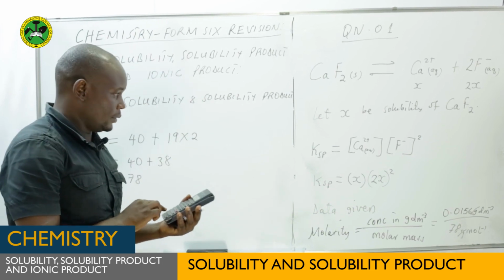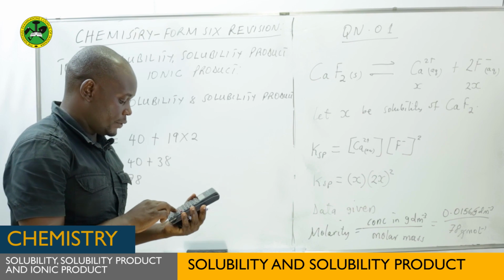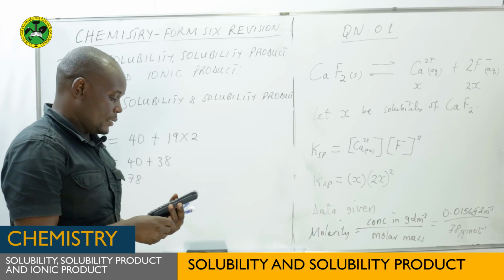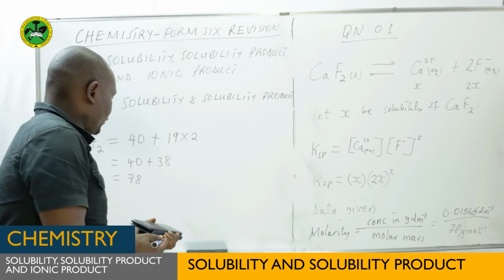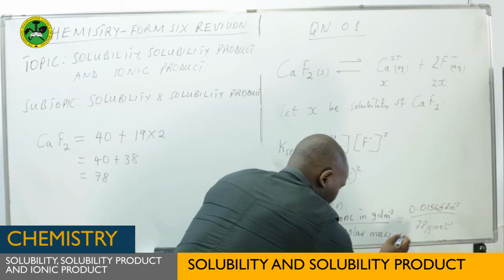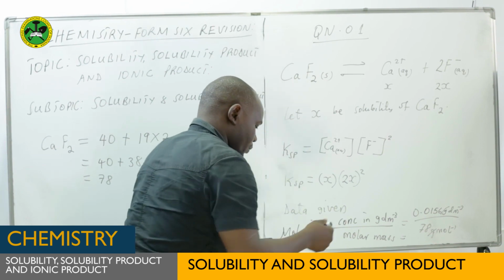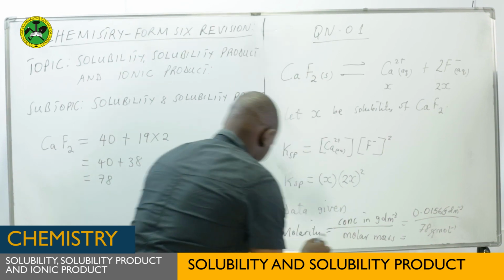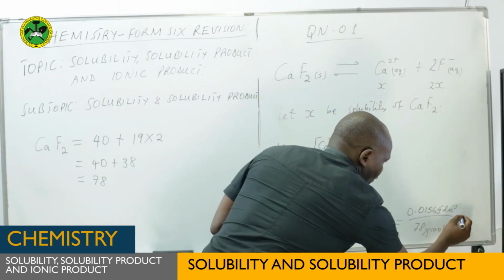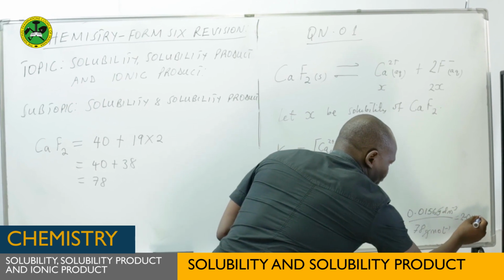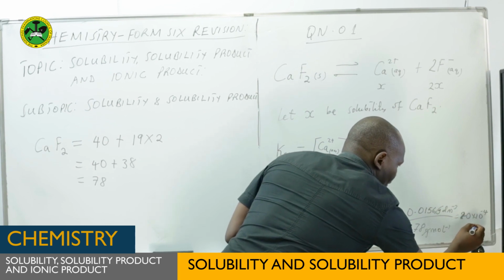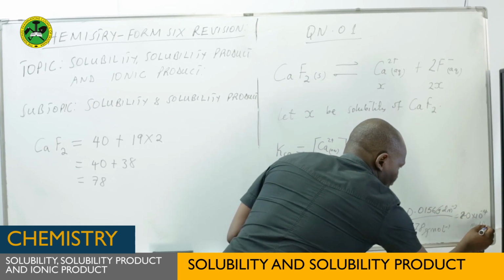Taking 0.0156 divided by 78, the answer is 2.0 times 10 power negative 4, and the units are moles per decimeter cubed.